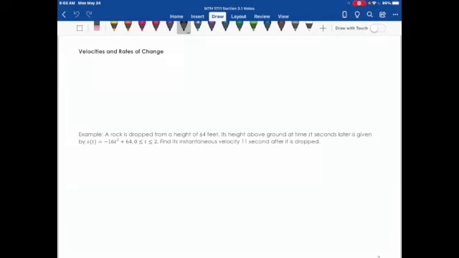Now let's talk about velocity and how that's related to the derivative. So now that we can evaluate a derivative, we know that the derivative is the limit of the slopes of the secant lines as those 2 points get closer and closer and closer together until we have the slope of the tangent line.